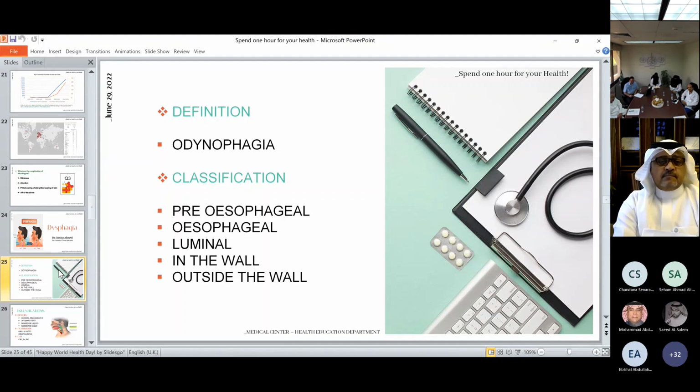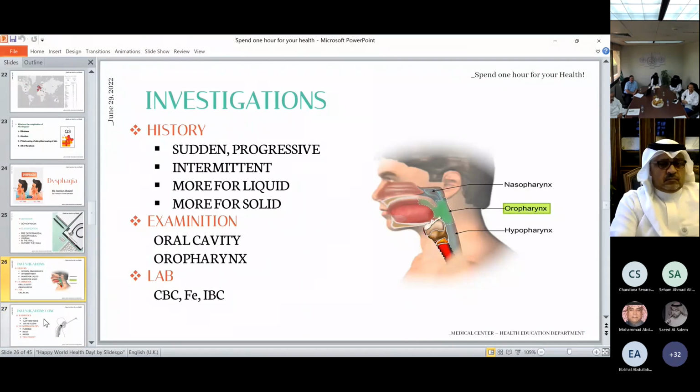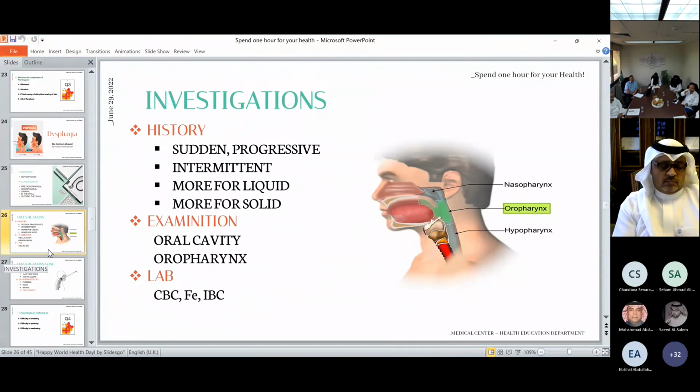For this, we have to diagnose it. We have to see what swallowing is. Swallowing is a mechanism in which, when we take food, it is masticated or chewed in the oral cavity. Then it is mixed with saliva, and with the help of the tongue, it is made into a food bolus, which is pushed by the movement of the tongue into the oropharynx.